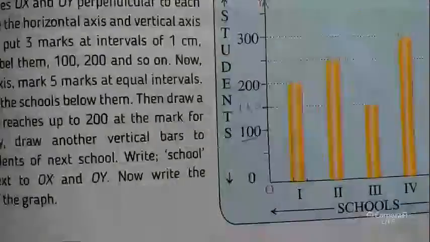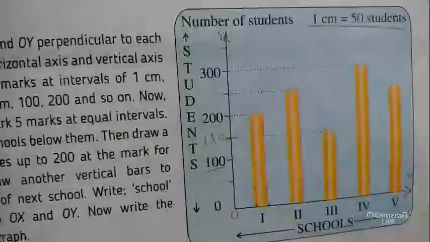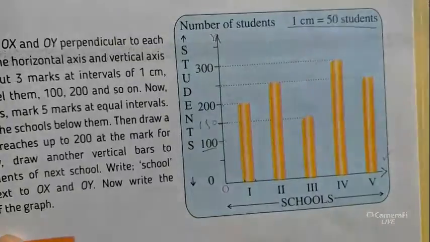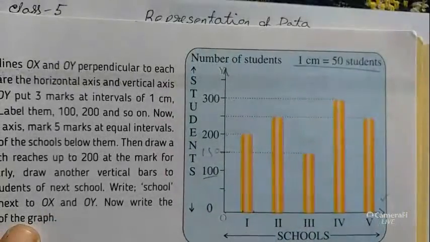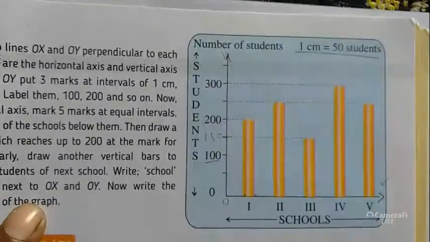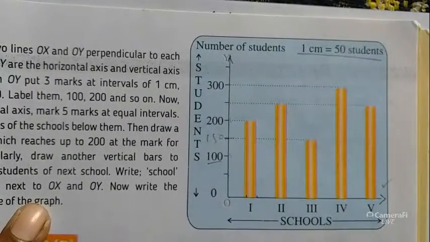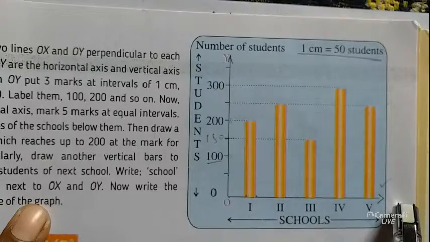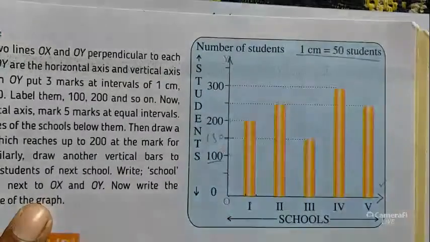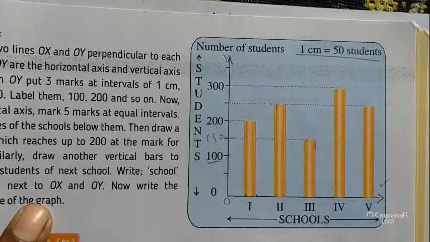So for the bar graph, this is the bar graph of the whole data. How can we construct or draw this bar graph? First we have to draw two axes. Here is the axis OX and another axis OY, both perpendicular to each other.